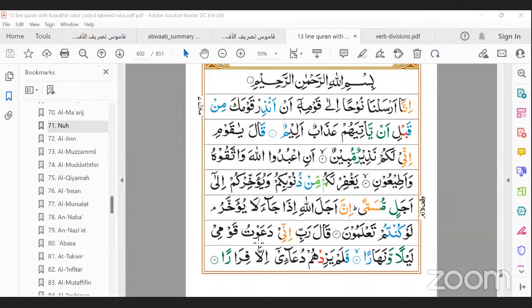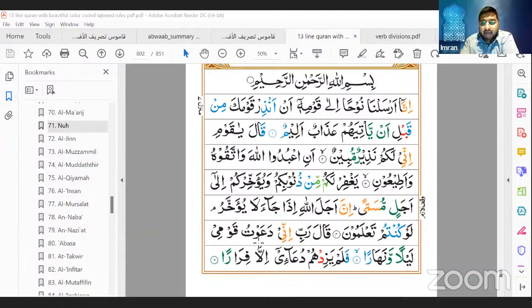Da'ata. Da'awna. Correct. Da'awta. Da'awtuma. Da'awtum. Da'awti. Da'awtuma. Da'awtunna. Da'awtu. Da'awna. Excellent. That's brilliant. So this is a verb which I've just shown when there's a weak letter in the third radical itself.